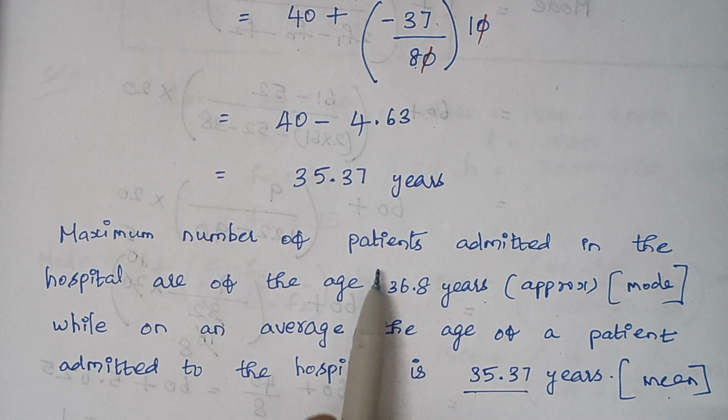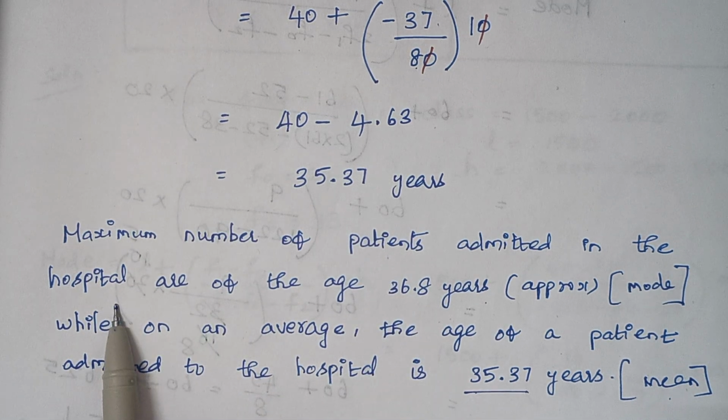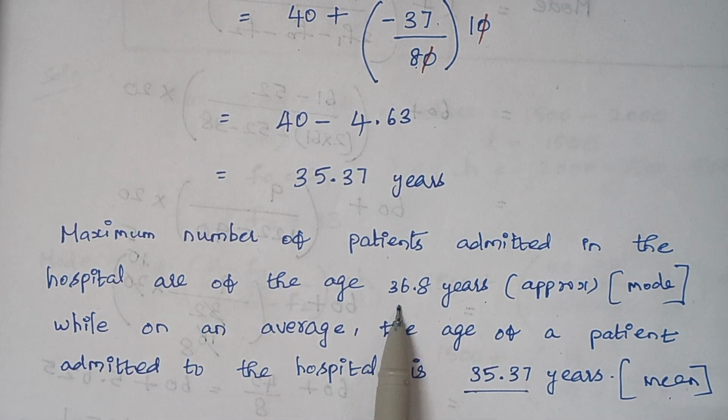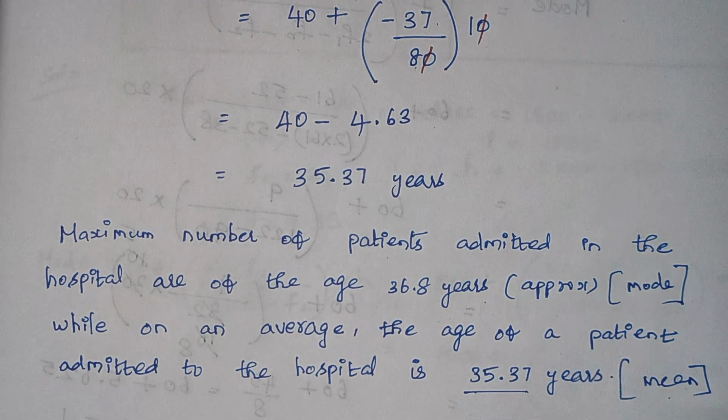The statement is clearly written: the maximum number of patients admitted in the hospital belong to the age group of 36.8 years, but on an average, when you take the average of all the patients admitted in the hospital, the age is approximately 35.37 years.